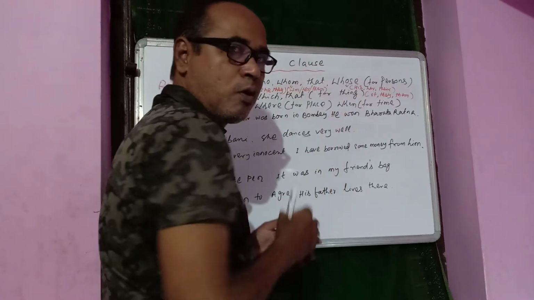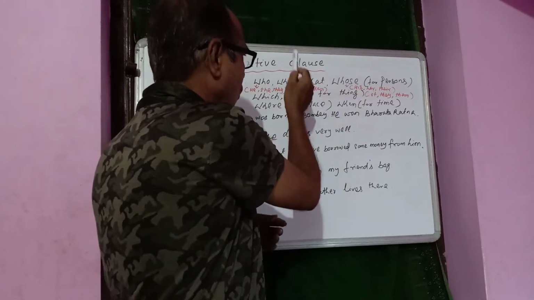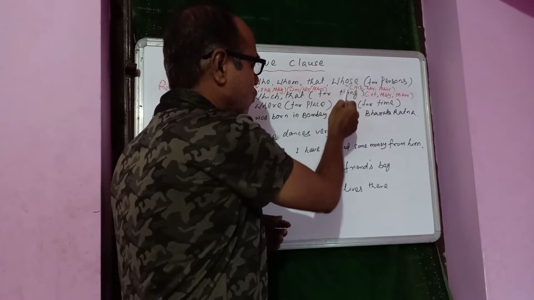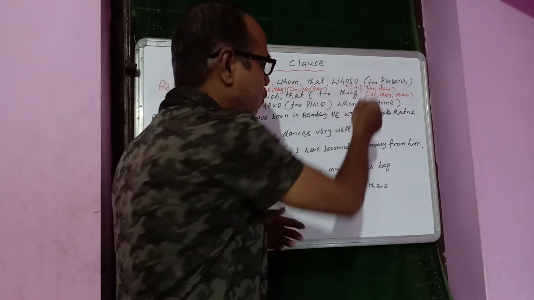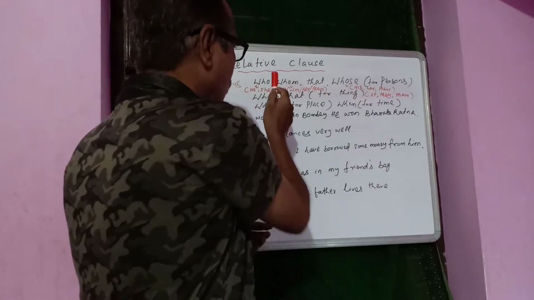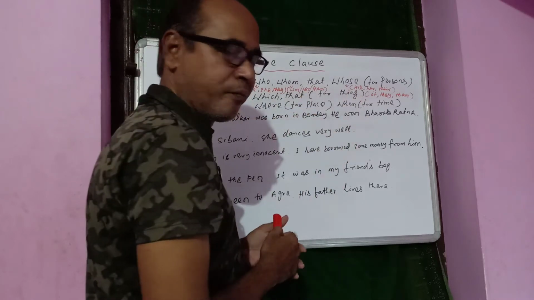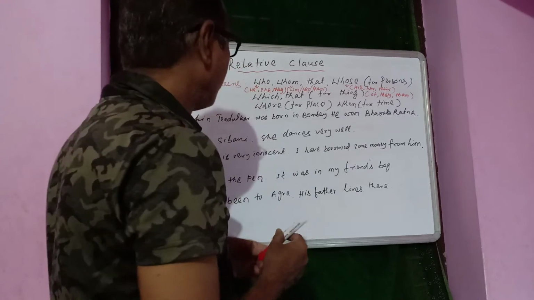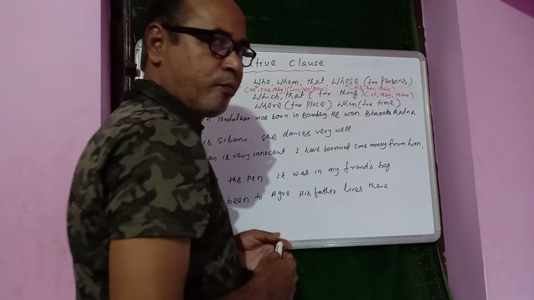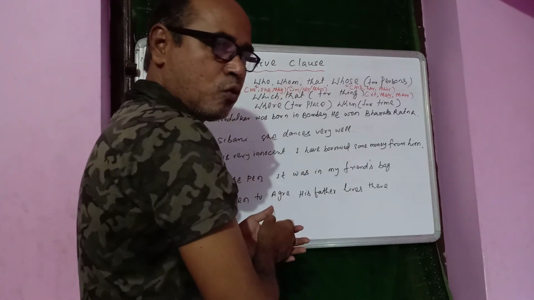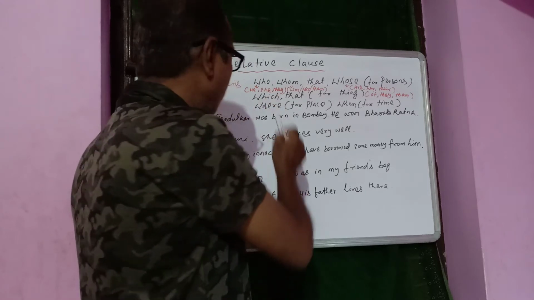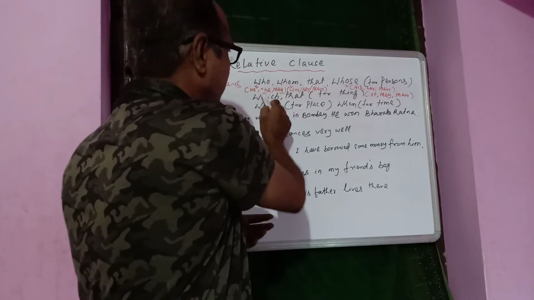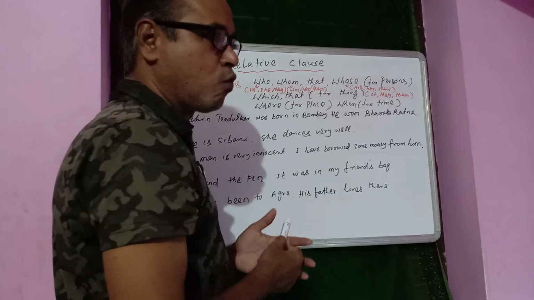These are the relative pronouns: who, whom, that, whose. They are used for persons; which, that for things; where for place; when for time. You see, who is used for the subject: he, she, they. These are the personal pronouns.